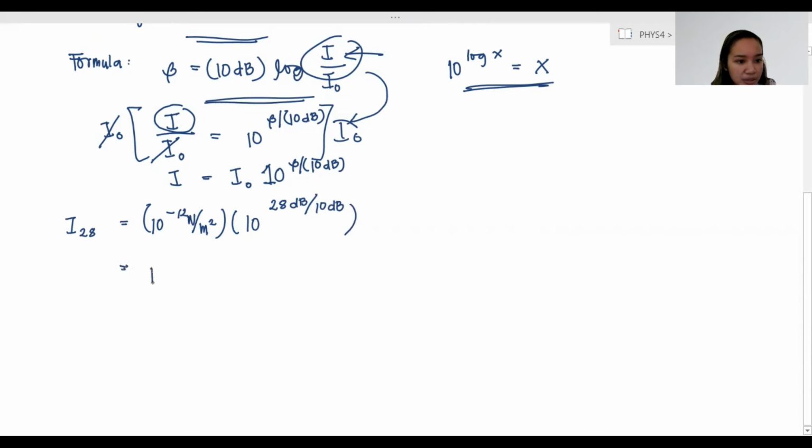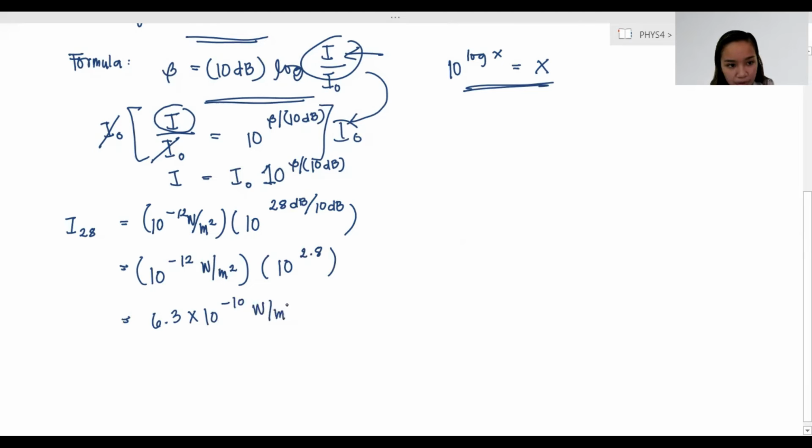So this will actually give us 10 raised to negative 12 watts per meter squared times 10 raised to 2.8. Now multiplying this using your calculator, we will arrive at 6.3 times 10 raised to negative 10 watts per meter squared.